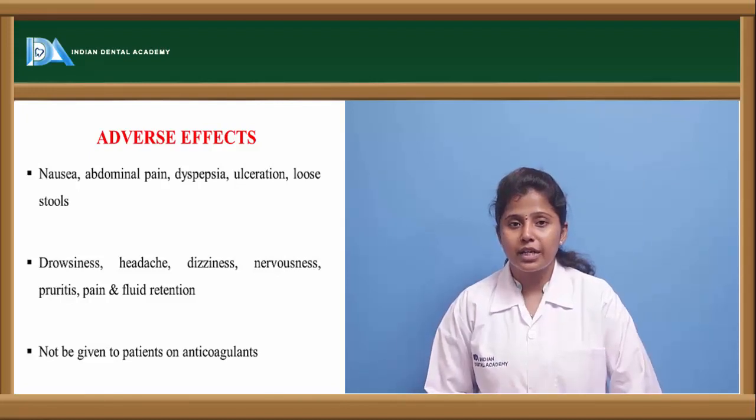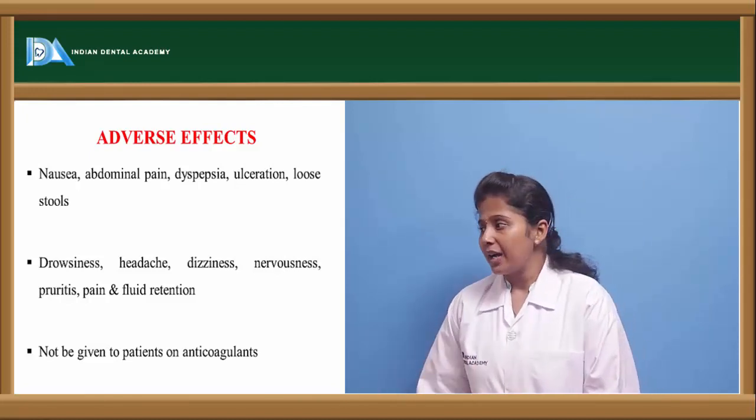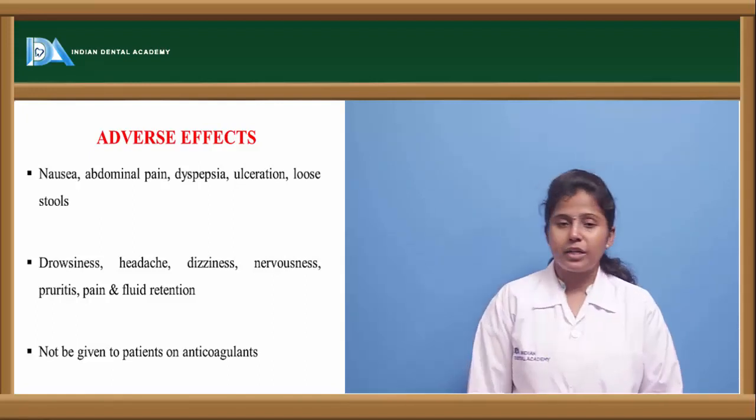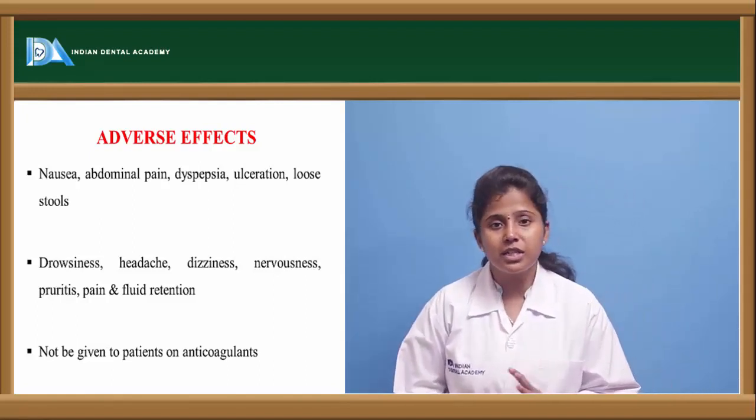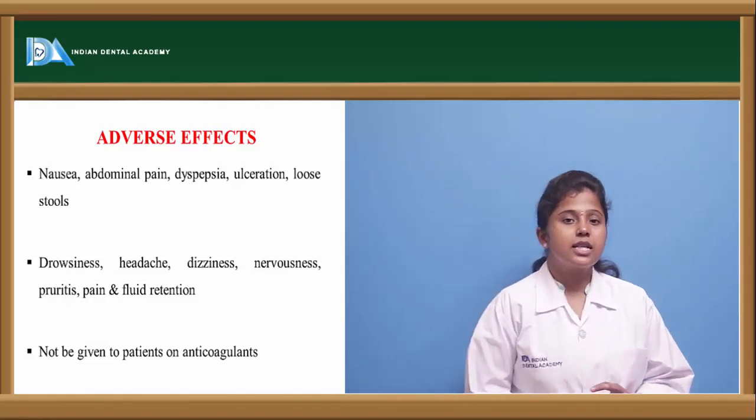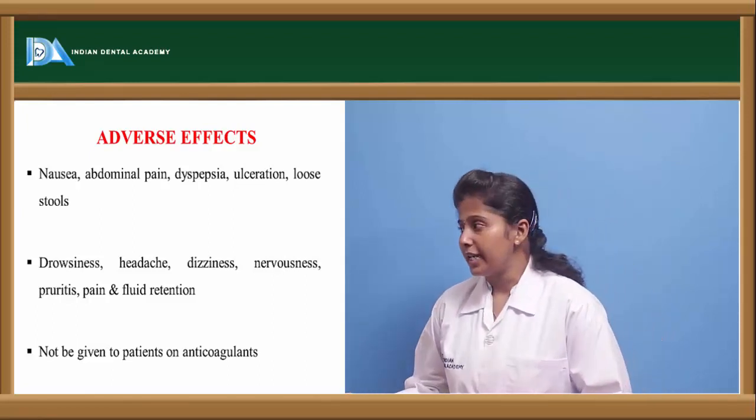So because of fluid retention, thereby there is edema, and it is not given to patients on anticoagulants. So if a person is taking anticoagulants, this Ketorolac is strictly contraindicated.